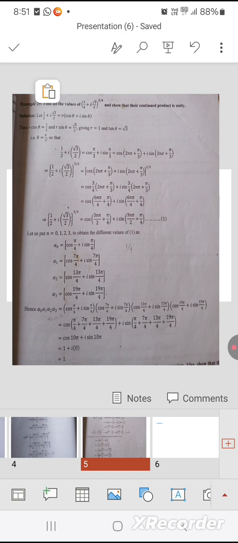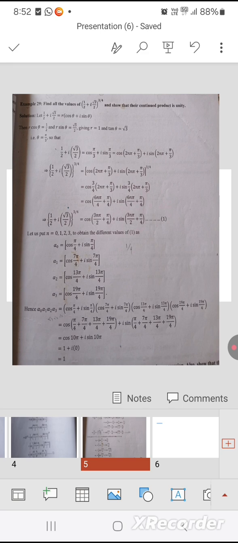So z is equal to cos pi by 3 plus i sin pi by 3. Its generalized form is z is equal to cos(2n pi plus pi by 3) plus i sin(2n pi plus pi by 3).